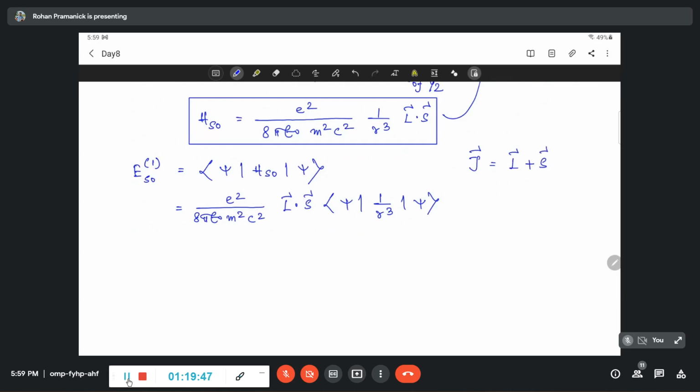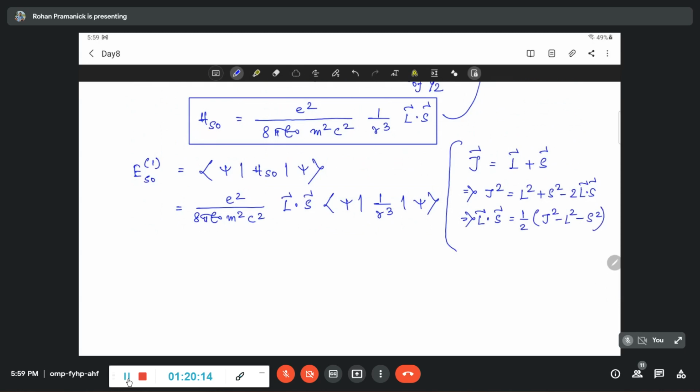Now you square both these things up, so you get J squared equals L squared plus S squared plus 2 L dot S. Then you can find L dot S as half of J squared minus L squared minus S squared.